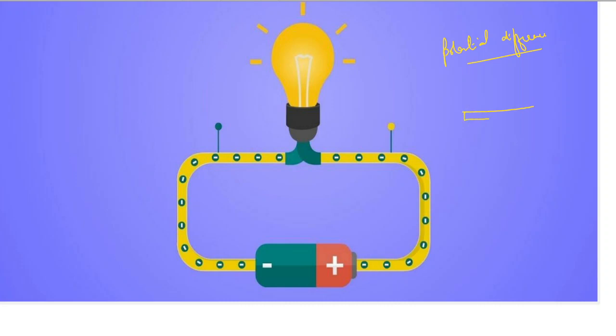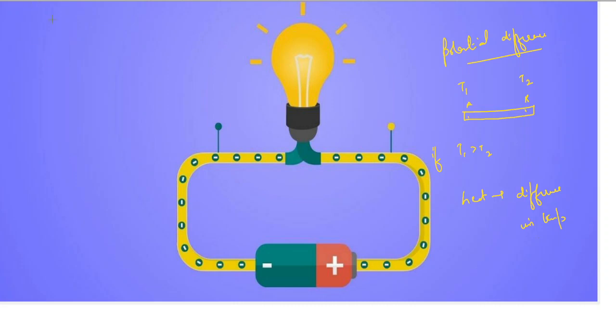If you have a conductor and you have 2 points, we'll call them point A and point B. Let the temperatures at point A be T1 and point B be T2. If we assume that T1 is more than T2, then heat flows from point A to point B. So for heat to flow, we need a difference in temperature. So a difference in temperature is required for heat to flow.